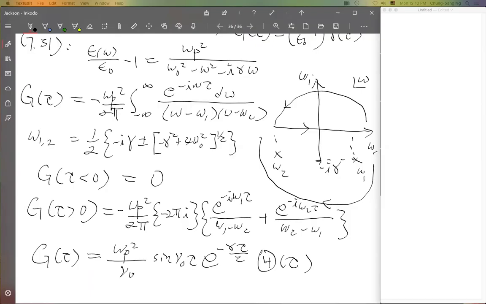But if you have, you probably will not have too much trouble, because that's just a formula that you use, using the residue theorem. Okay, so that's this part. And that gives you one idea of the g function.